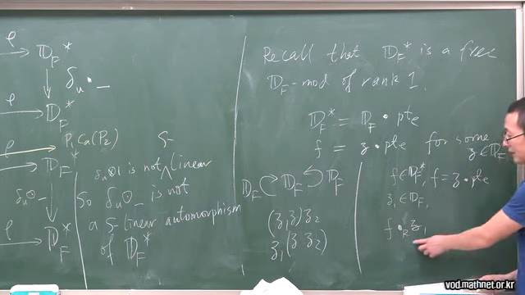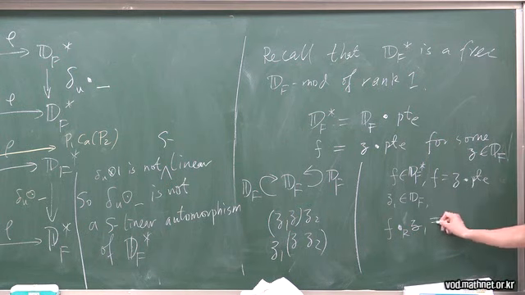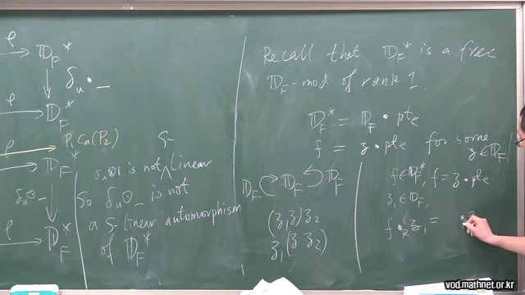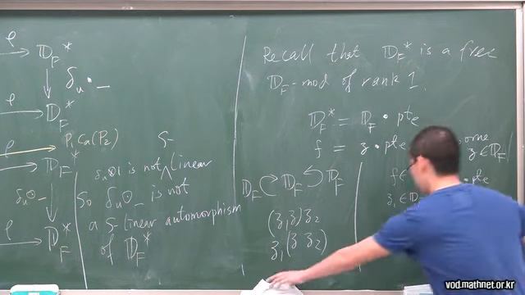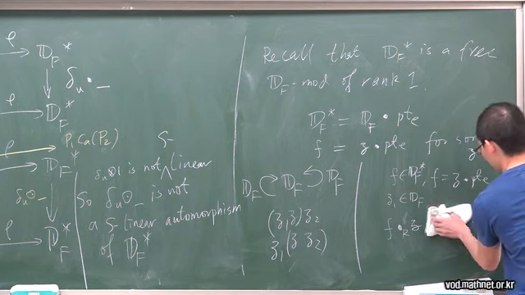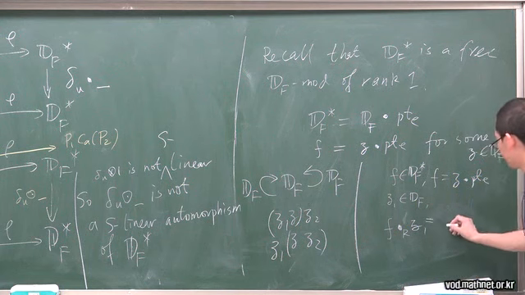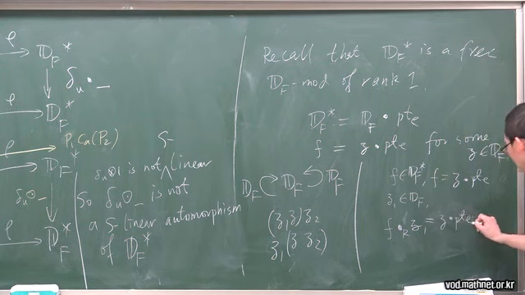If you let z1 act on f, you write f as z bullet point e. So you represent f by this element.